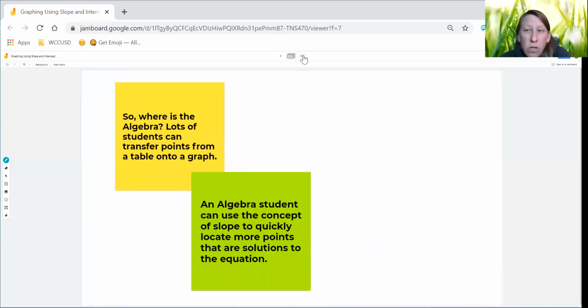All right, so a lot of students can transfer points from a table to a graph. An algebra student can look at the equation, pick off that really key information, especially the slope and the y-intercept, to graph linear functions more efficiently and generate more points on that line.